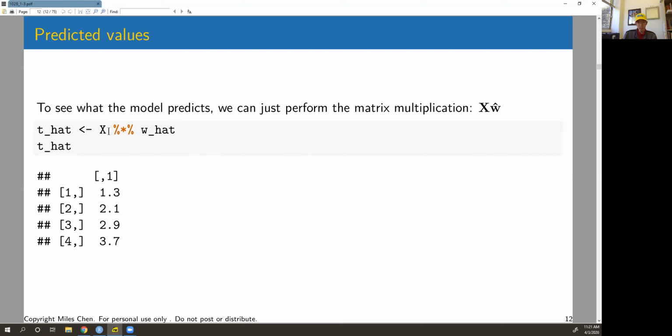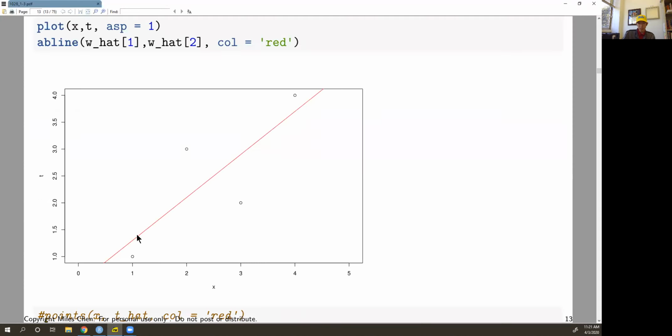We can take some input matrix X, which has a column of 1s and a column of X values to make predictions for. When I multiply that, it gives me my predicted values T hat. For the 4 values that I have, I get T hat of 1.3, 2.1, 2.9, and 3.7. And if I plot my predictions, this would be the fitted line here.